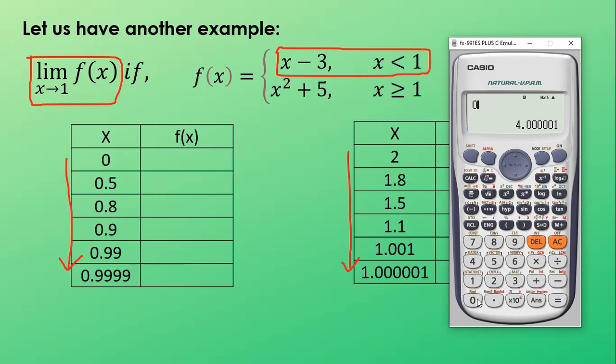So what if x is equal to 0? The answer is negative 3. If 0.5, negative 2.5.